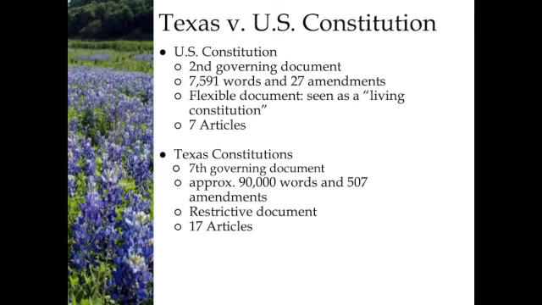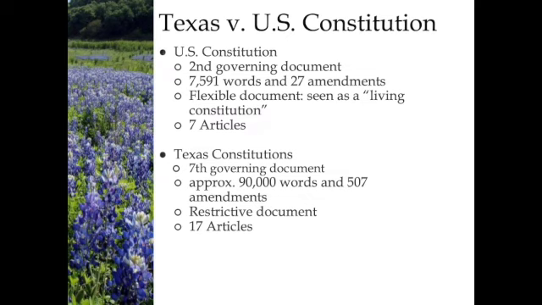The Texas Constitution, in contrast, has about 90,000 words. As of 2021, when I'm recording this, it has 507 amendments. It is our 7th attempt at a governing document. More on that in a later video. And the Texas Constitution is really meant to be restrictive.